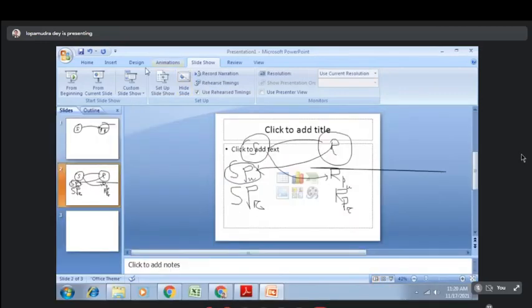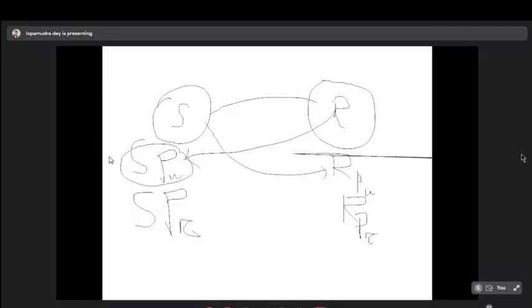If I come back here, you will see that there is a logic behind this public key and private key. If you encrypt any data with this public key, that will be decrypted by this private key. Is this clear?